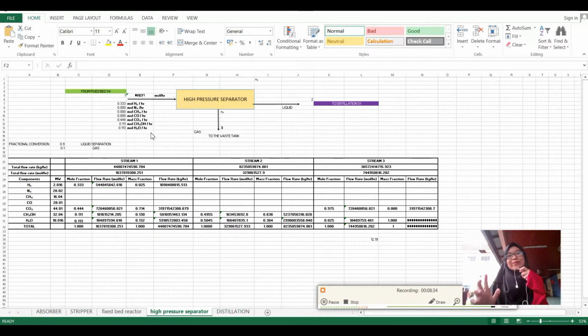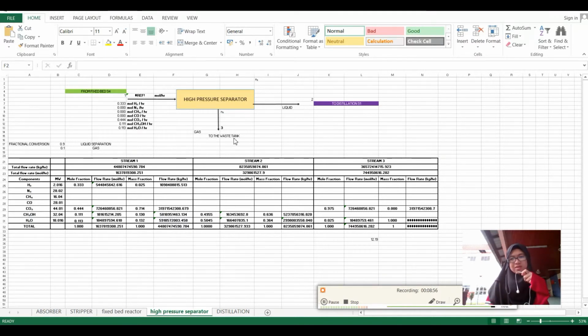Sorry for my mistake. And we separate the gas and liquid. The liquid goes to the distillation column, and the gas we just throw to the waste tank.